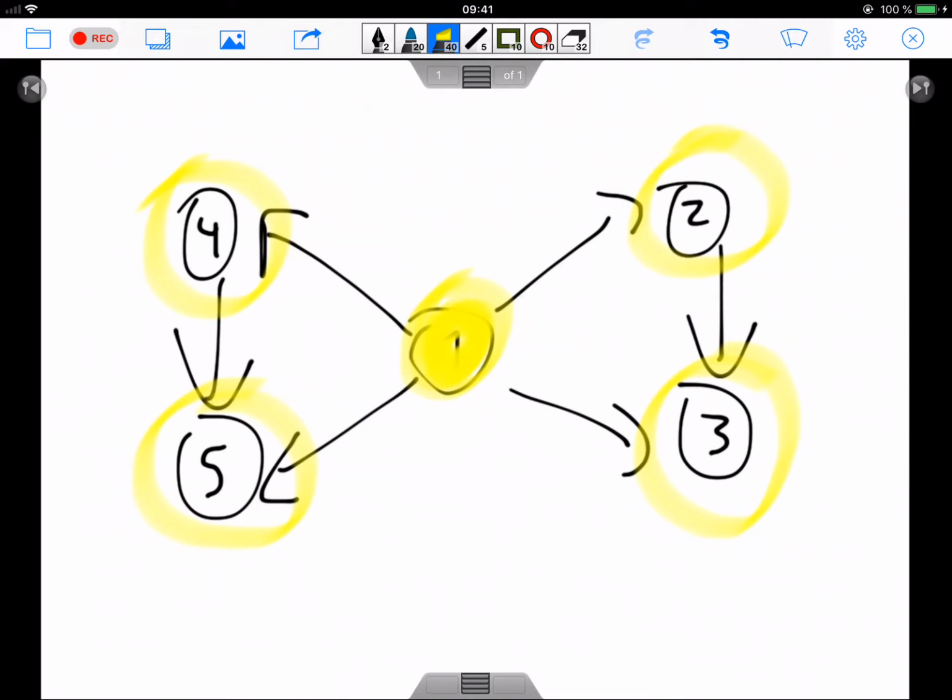From 5 we cannot reach any other vertex, and from 4 we can reach 5, but from 5 we cannot reach 4, okay? So in this case, even if the diagram looks connected, in fact this is not strongly connected at all, because we have as many strongly connected components as vertices there are in the graph, okay?